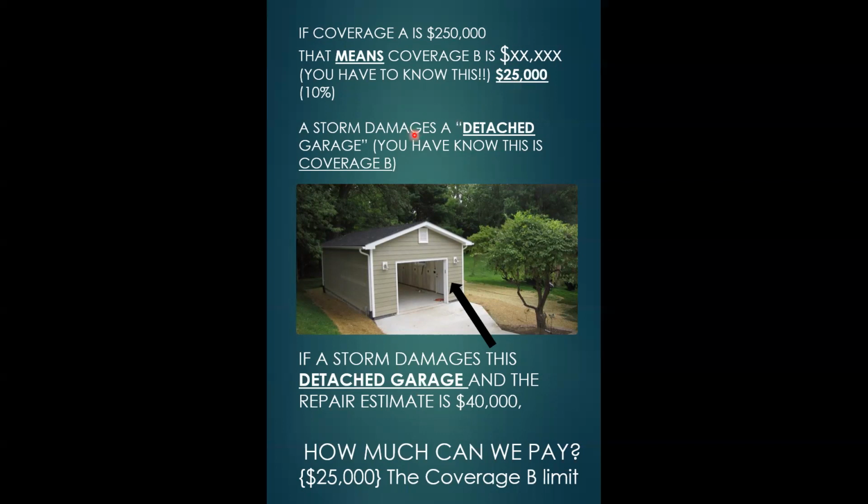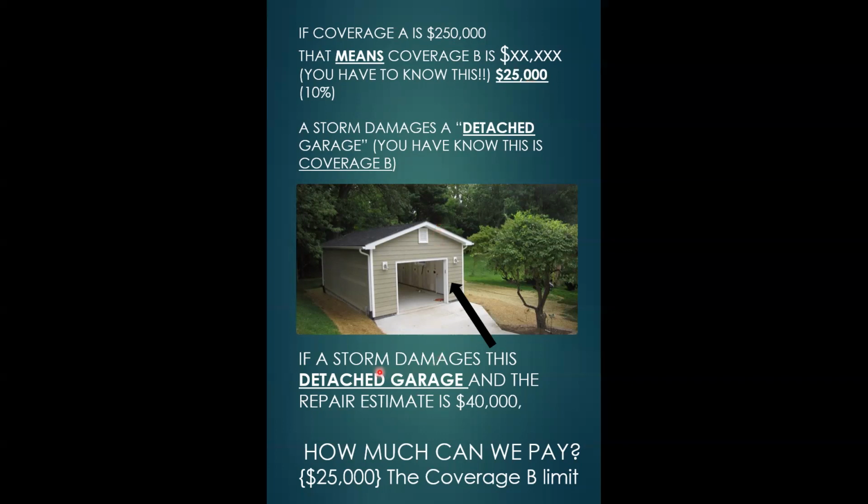And now look what happens. We'll take it to the next step here in the test question. A storm comes along and damages a detached garage, with the key word in there, detached. Right away, you have to recognize that this is coverage B, because it's a detached garage. And if it's coverage B, and if coverage A is 250, then all we have to work with here is 25,000 for all claims associated with coverage B in this garage.